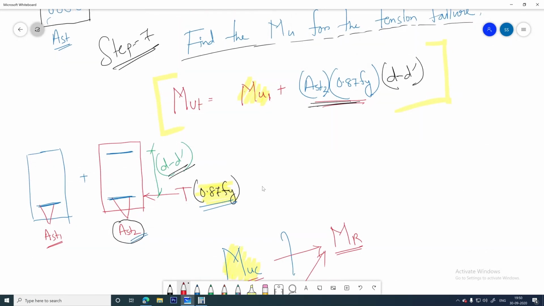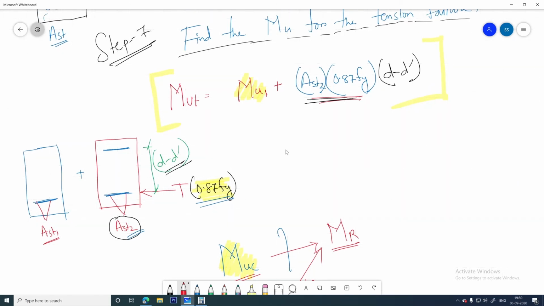You put the value of AST2 here, and that should be multiplied with the stress at that particular level. So the stress is 0.87 Fy, so you multiply that 0.87 Fy with the area of the steel, that is AST2, and that should be multiplied with the lever arm, that is D minus D dash.